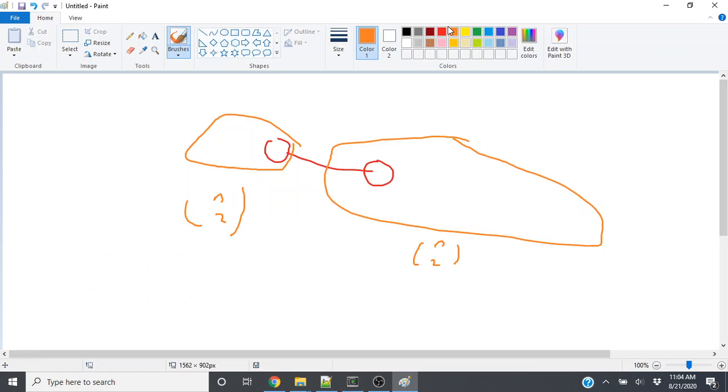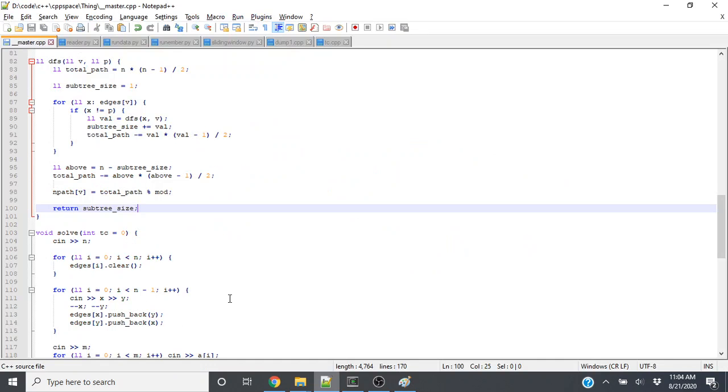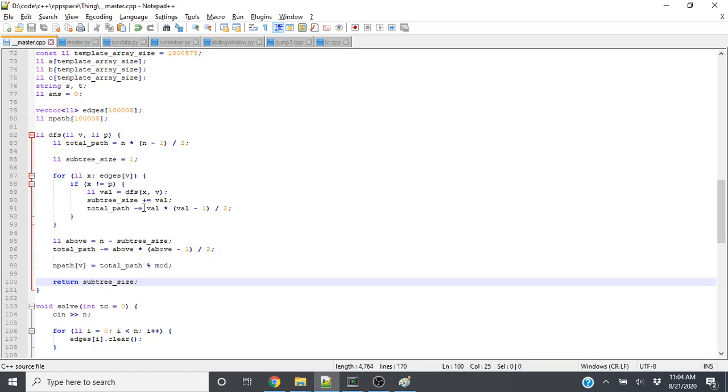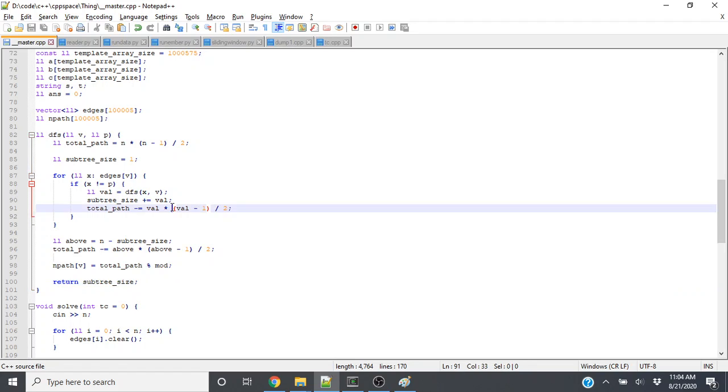So what we can do, okay, that was a really stupid mistake, but in a tree we're going to notice that each vertex has exactly one edge going up from it except for the root. So we're going to use the vertices to represent the edges, essentially. We rooted at 0, so everything's 1 indexed, so we're going to subtract 1 to make it 0 indexed. Subtree size plus equals val, yeah.